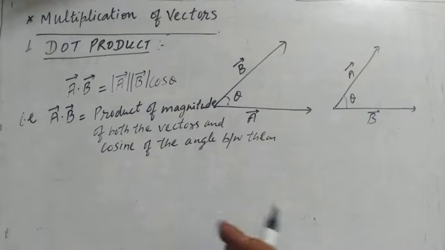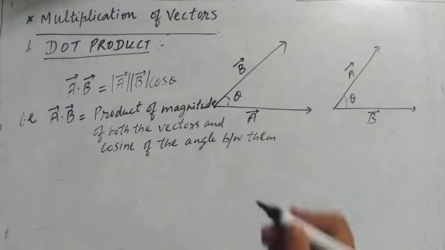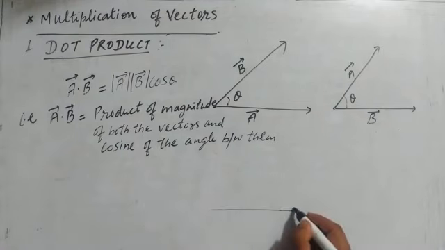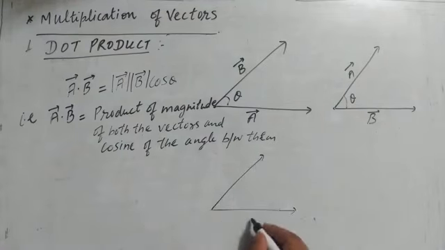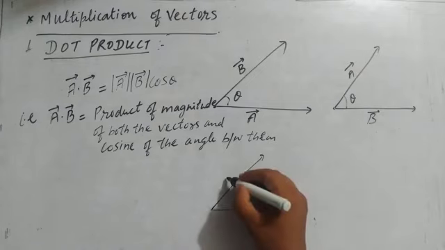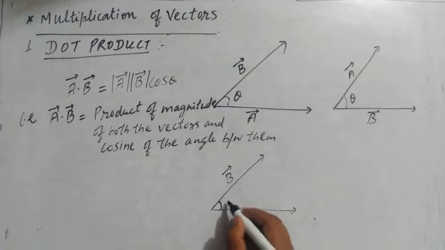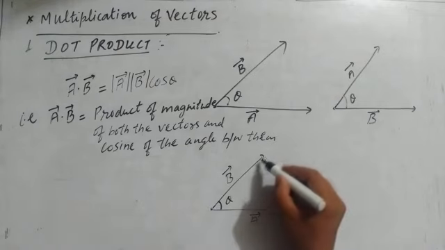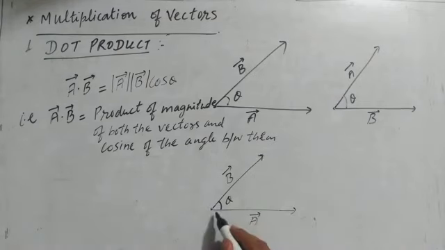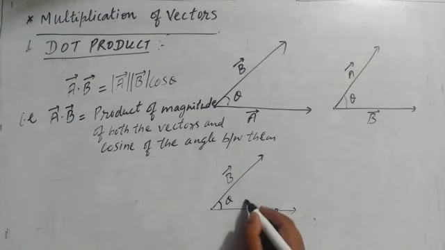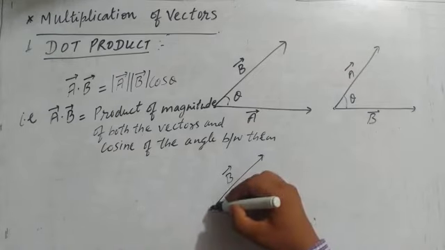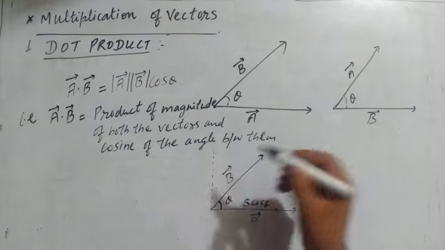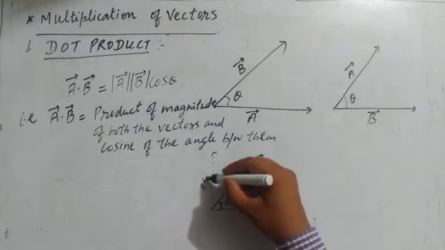Now we can define this dot product in another way. Take an example. If this is A vector and this is B vector, inclined at an angle theta with each other, now resolving this B vector into its two rectangular components, one along horizontal direction, B cos theta, and one along vertical direction, B sin theta.